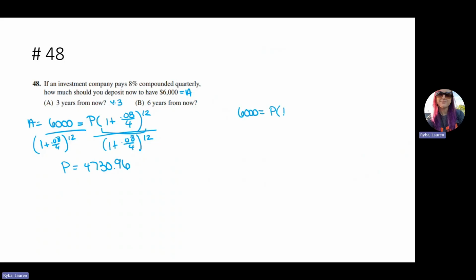6,000 equals P 1 plus. The only thing that's changing is my exponent. I'm still compounding my 8% quarterly, but now I'm getting that quarterly 6 years. So 24 times I'm getting my interest.